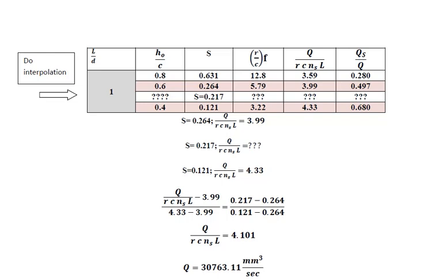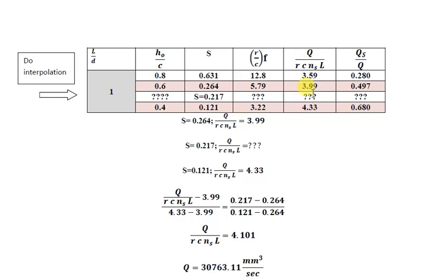I hope everybody understands this concept, the linear interpolation and the power loss due to friction. Then the next quantity they require is the quantity of lubricant in liter per minute. So the quantity of lubricant can be calculated by using the unitless parameter, Q upon RCNSL, where Q is the flow rate or quantity of the corresponding lubricating oil.